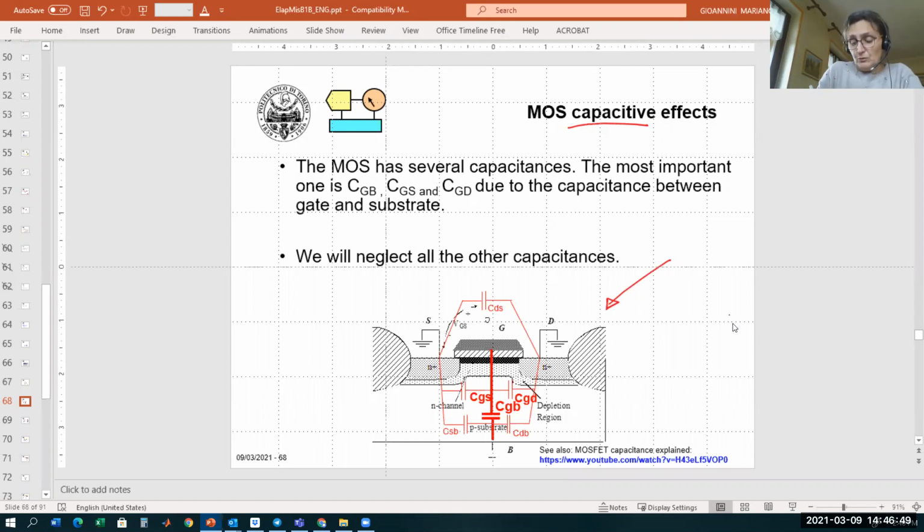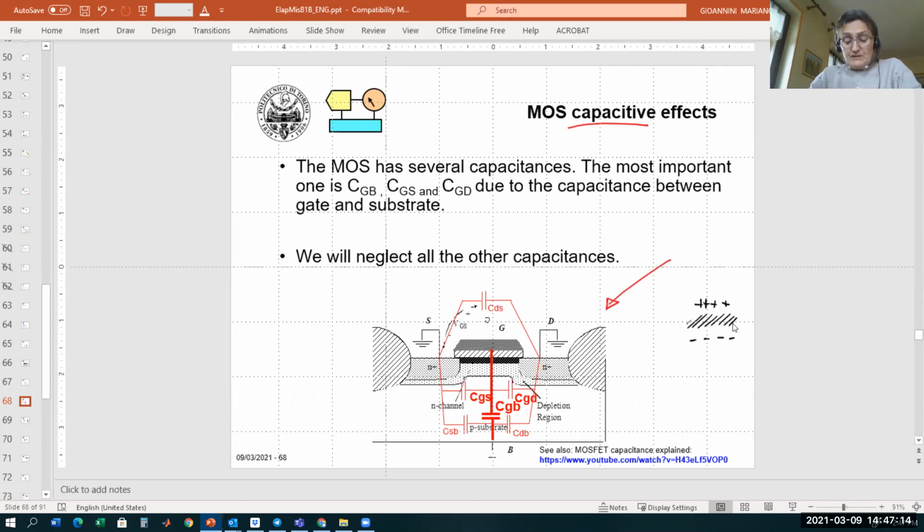I remind you that we have a capacitor when on one side we have the accumulation of positive charges, on the other side the accumulation of negative charges, and in between there's no current. We have isolation.